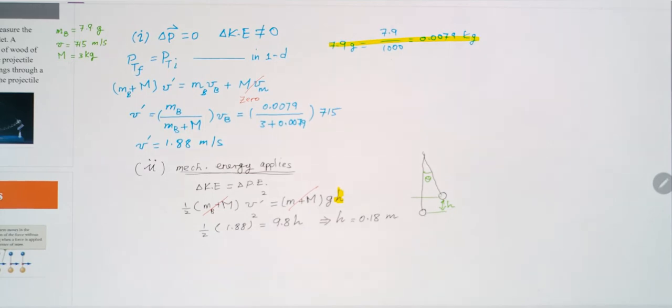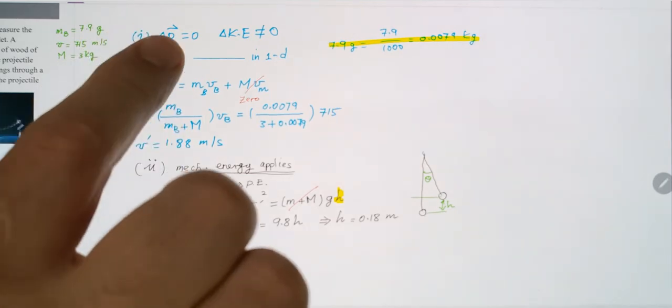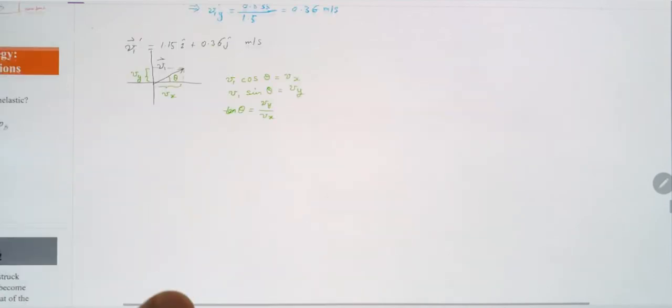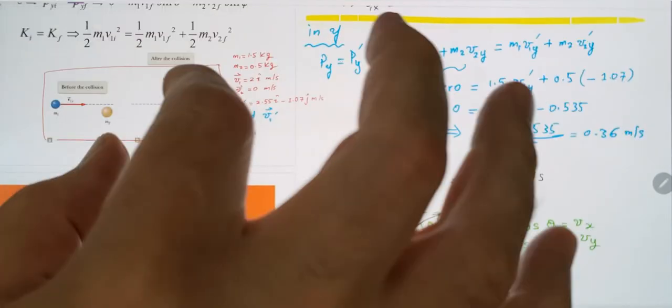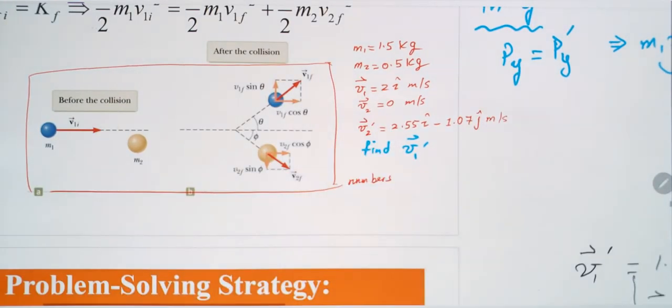Well, this problem that we just solved, it is an elastic collision. Which means the kinetic energy is conserved. Could be conserved. If it is conserved, it's elastic collision. If it's not conserved, it is inelastic collision.